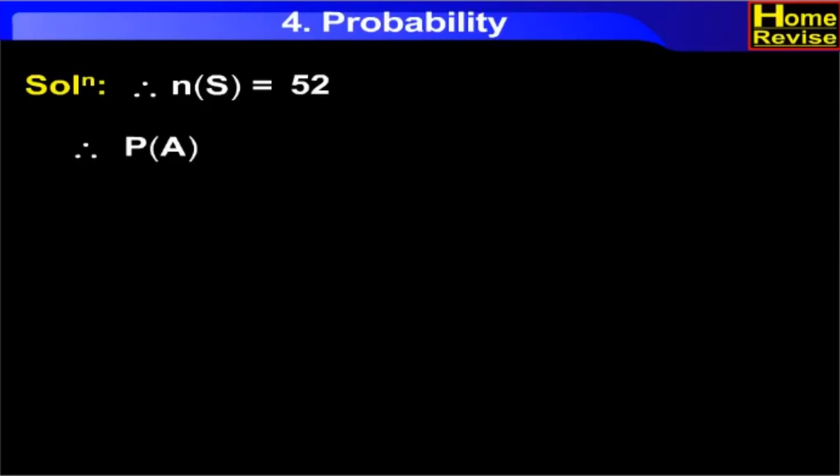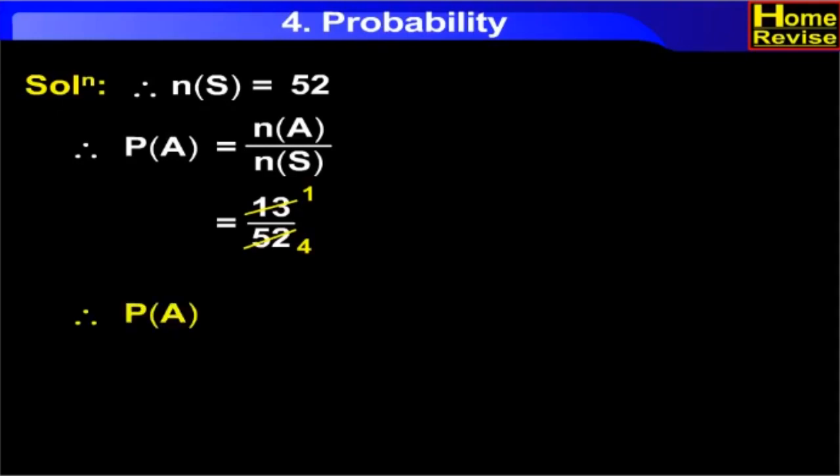Therefore, probability of A is equal to n(A) upon n(S) is equal to 13 upon 52. 13 ones are 13, 13 fours are 52. Therefore, probability of A is equal to 1 upon 4.